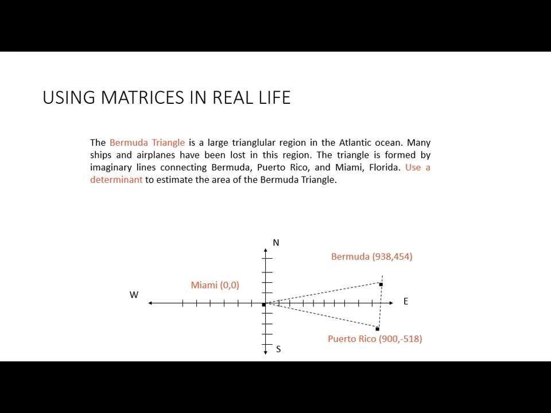Ready? We got 0, 0, 938, 454, 900, negative 518. Was Puerto Rico on the 3 or 2? Positive 900, negative 518. Talking about on the axis. See, it's negative 1.